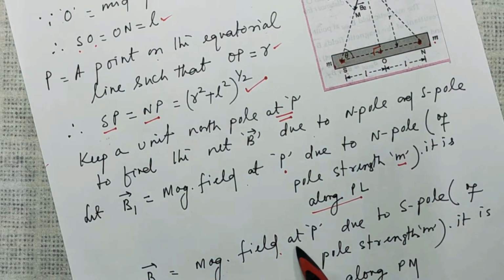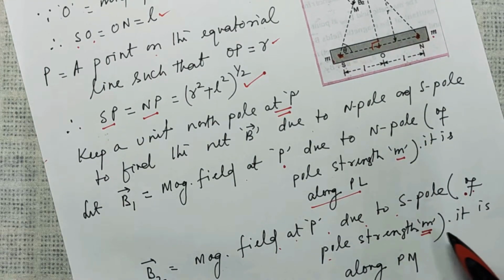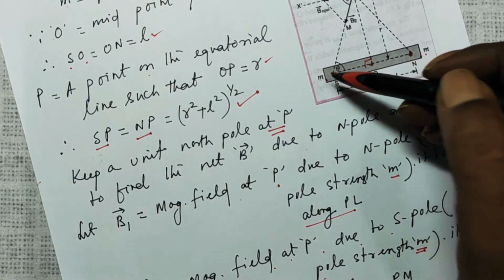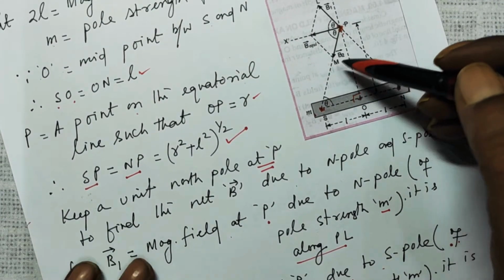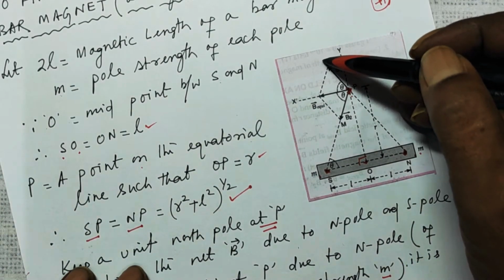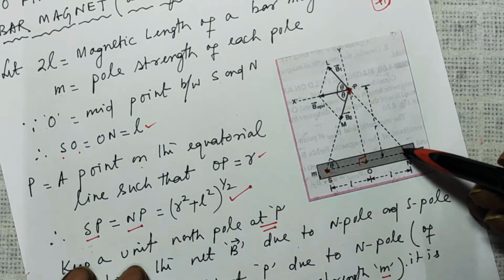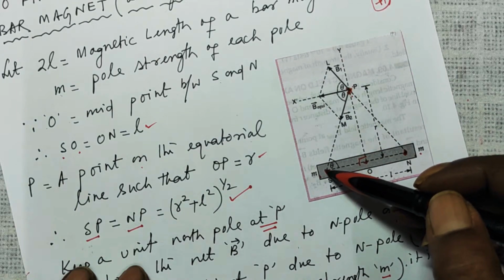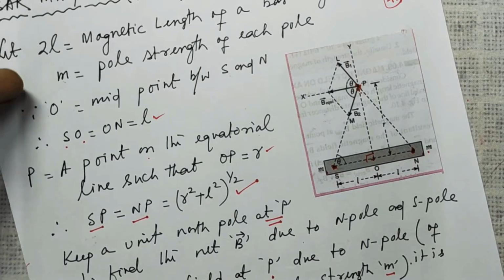So B2 is the magnetic field at P due to the south pole of pole strength m. It is along PM. Because it is a force of attraction, B2 is to this side. B1 is to this side due to this north pole because it is a repulsion. B2 is to this side because it is a force of attraction between this south pole and the unit north pole here.